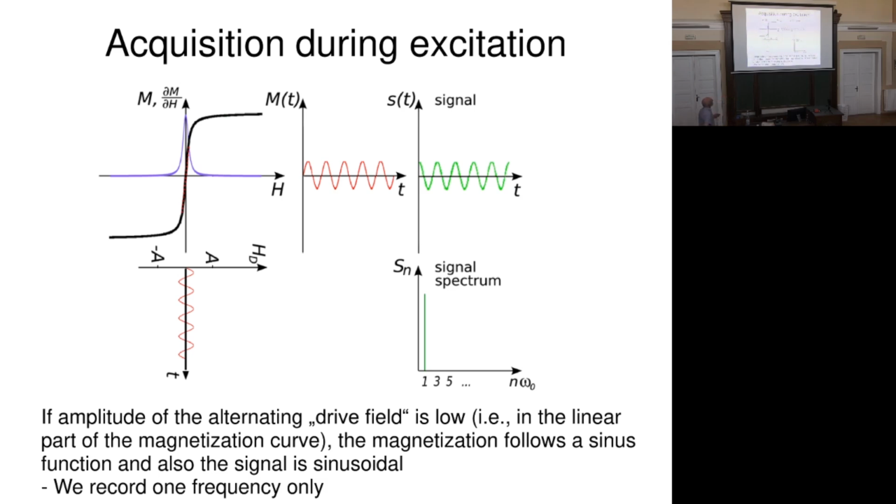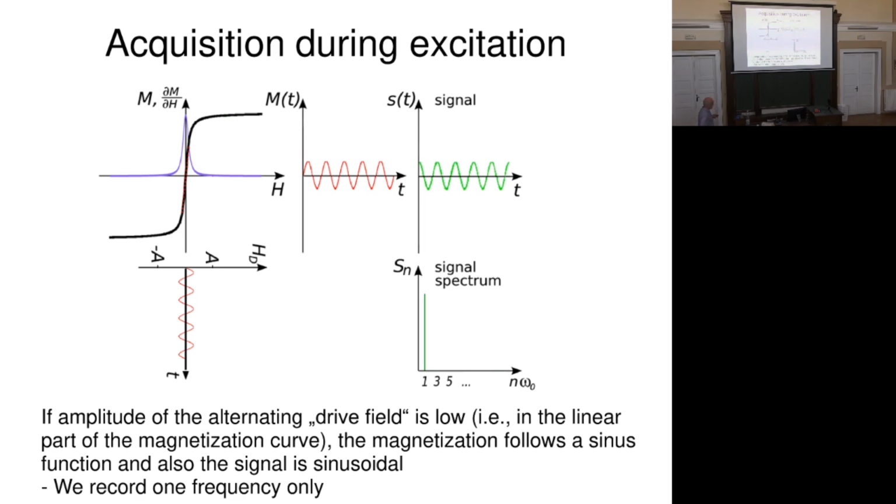We also spoke about acquisition during excitation. If we have too small an amplitude of the drive field, then we are still in the linear part of the Langevin function. The magnetization doesn't reach the nonlinear part. What we receive is just a sinusoid, the same shape of signal as the excitation.